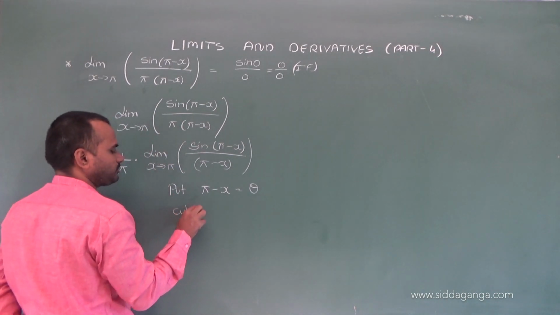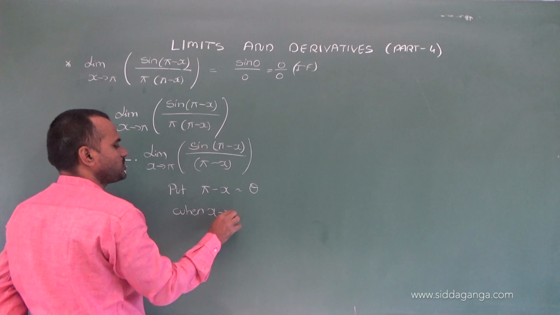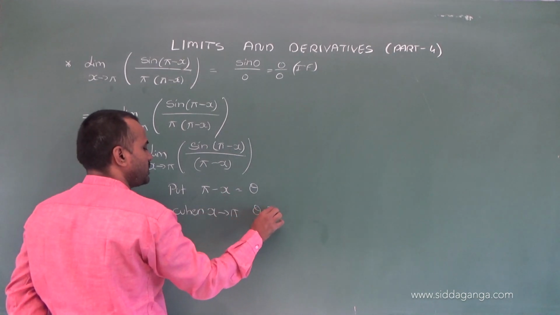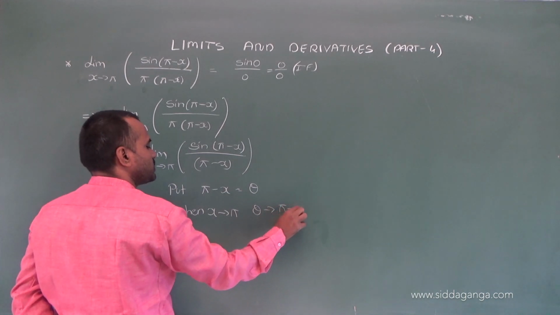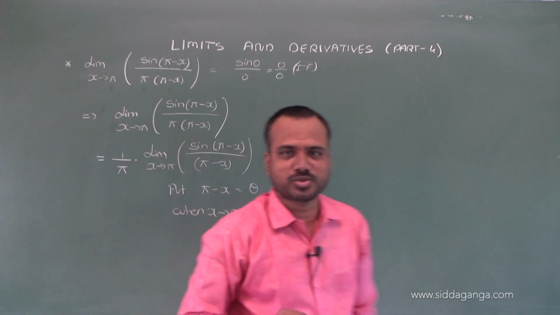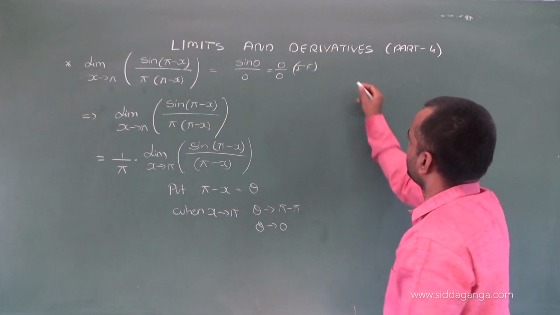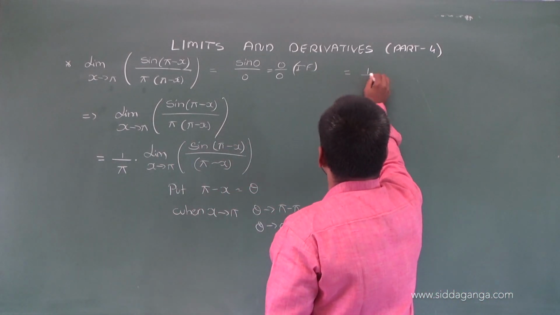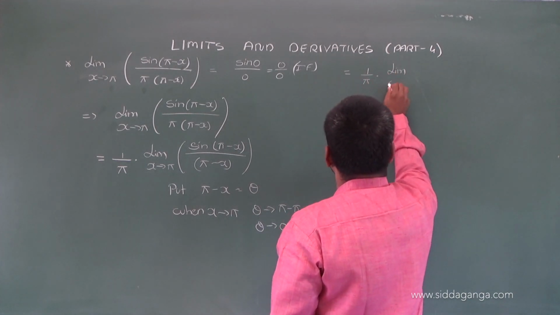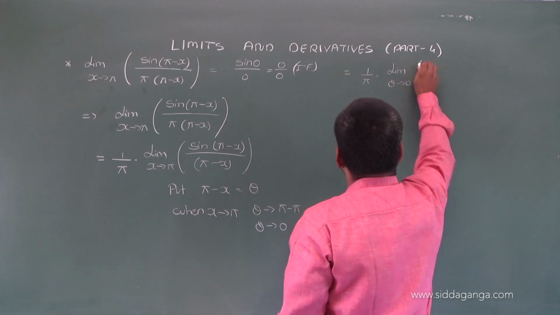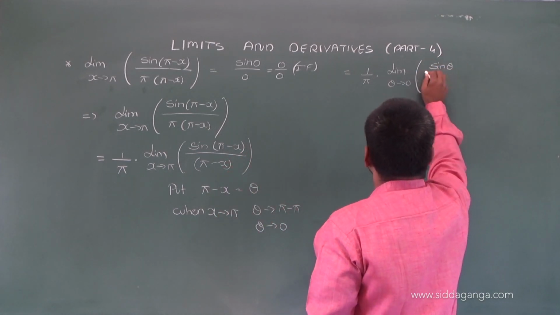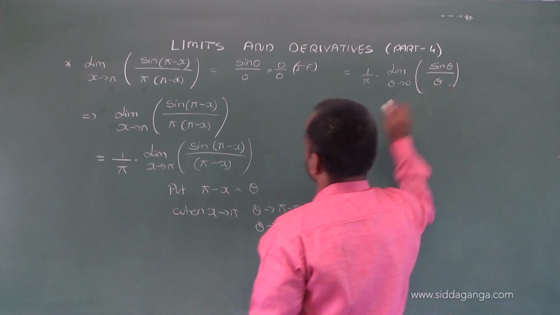Here x tends to pi. When x tends to pi, in place of x I substitute pi. Theta tends to pi minus pi, so theta tends to 0. That is equal to 1 divided by pi into limit theta tends to 0, sin theta divided by theta.